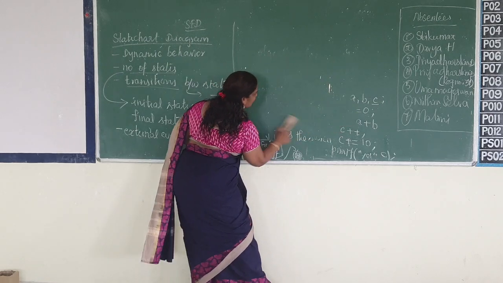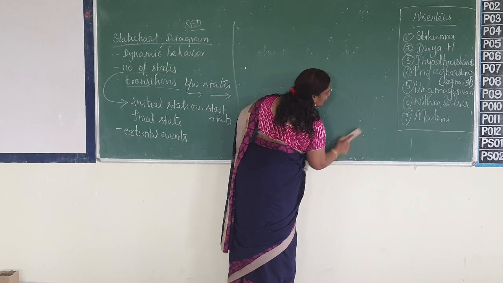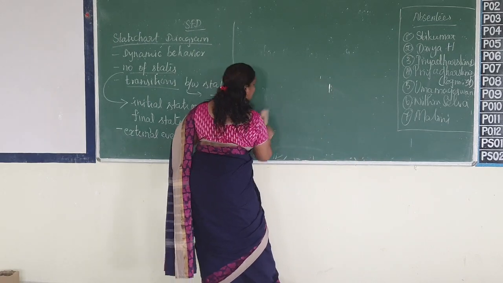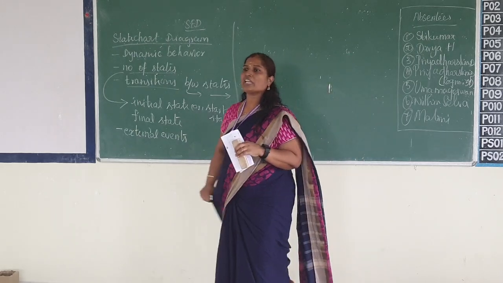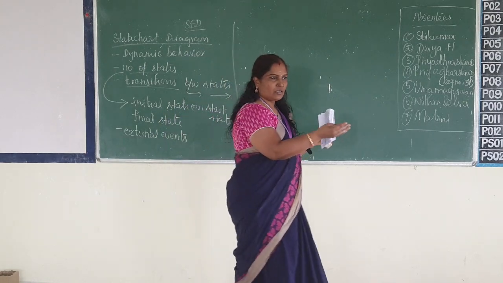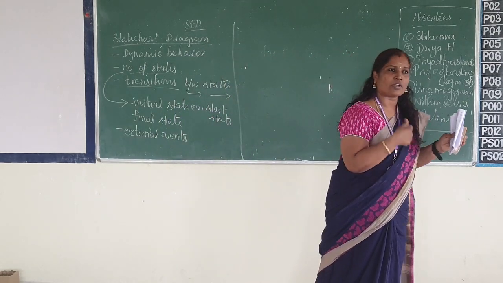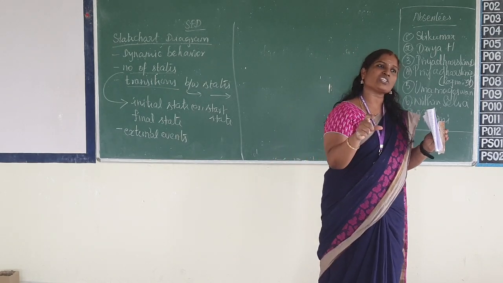You need to identify and understand some characteristics. With respect to the state chart diagram, you need to identify the important objects. When a complete process is given, like we had a confusion in fan on and off: which one is the object? Whether fan is an object or switch is an object.